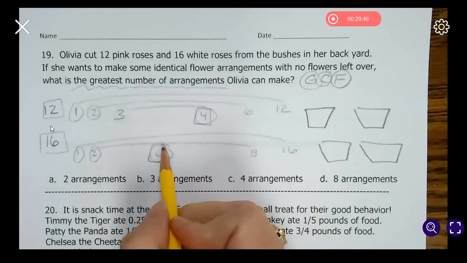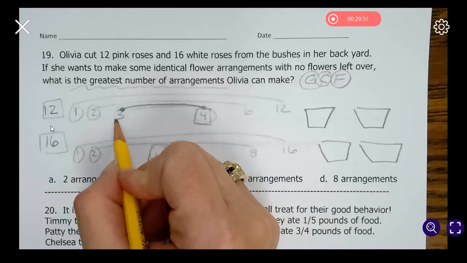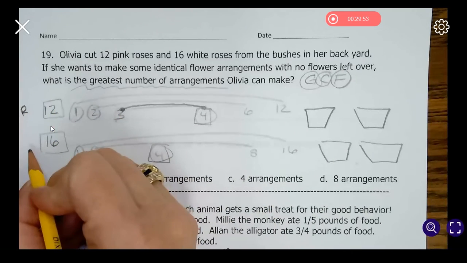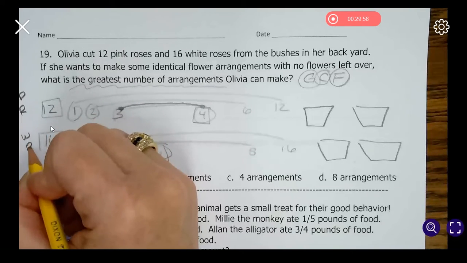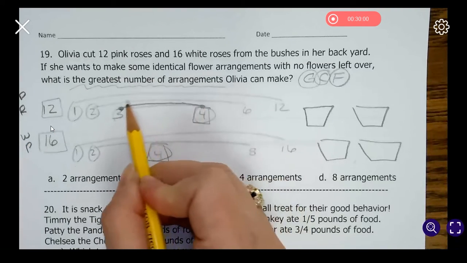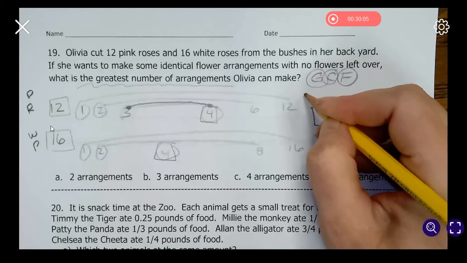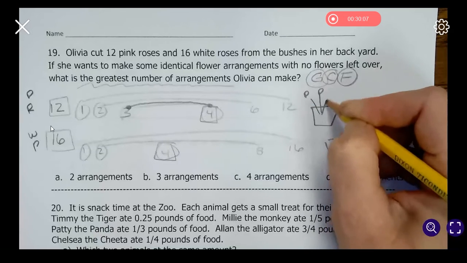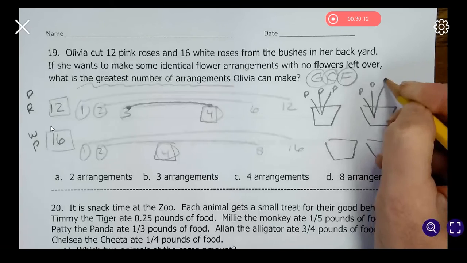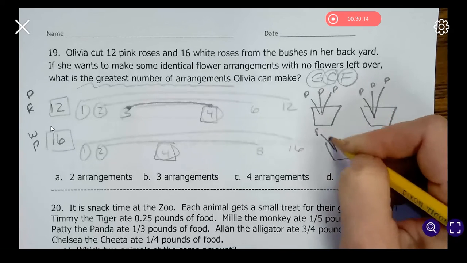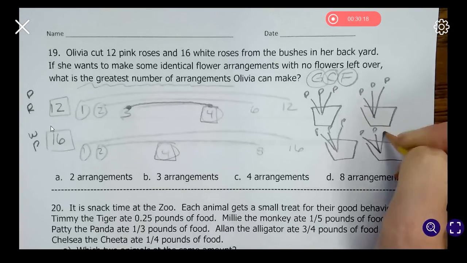So look here. See how this 4 is connected to the 3? That means that these were the roses, and these are the pink roses, and these are the white roses, okay? So this 4 is connected to the 3, so that means there's going to be 3 pink in each arrangement.